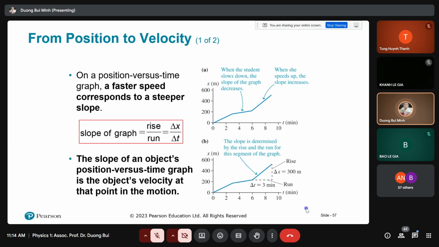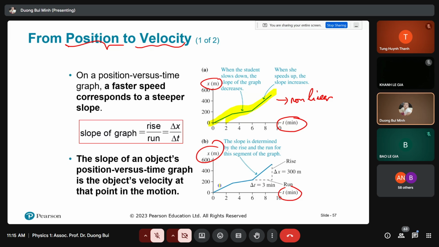Now, summary. The position versus time. Sorry, the position to the velocity. So this is the position versus time, right? Non-linear. Even if we consider the whole curve, they are non-linear curves, right?